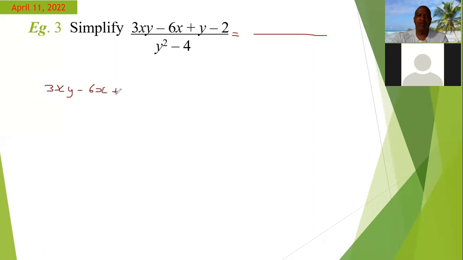So if we apply grouping, can we identify pairs of common terms or pairs with common factors? So the first pair here, what would be the common factor for that first pair? 3x, sir. All right, so we can use 3x for our common factor.